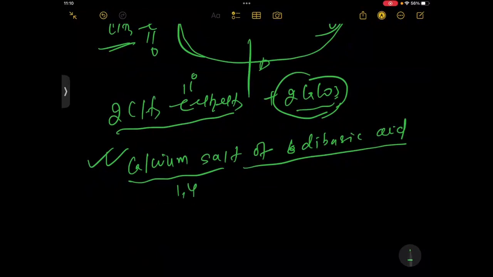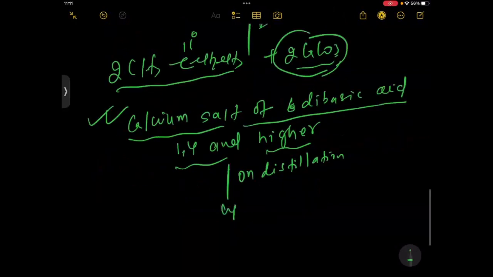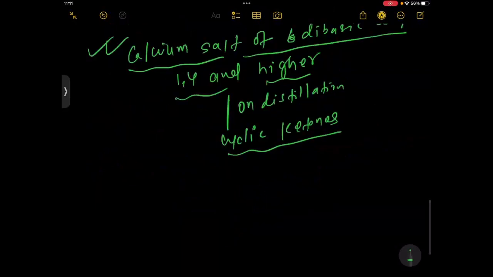Suppose 1,4 and higher, because lower will have high strain. On distillation, what will you get? You will get cyclic ketones. What? Cyclic ketones. See here, students, what I am telling you. How to get the cyclic ketones?